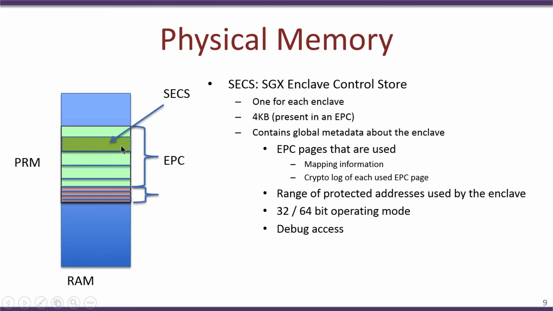This SECS structure contains global metadata about that particular enclave. It is used for various reasons such as to ensure the integrity of the code and data present in the enclave, and it is also used for mapping information to the various enclave regions.